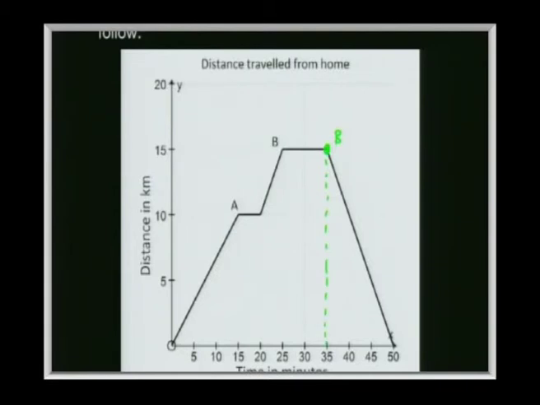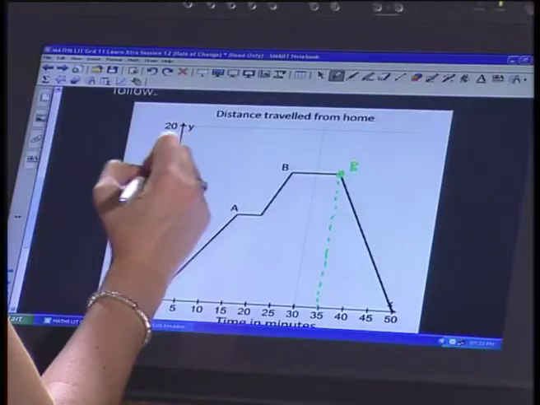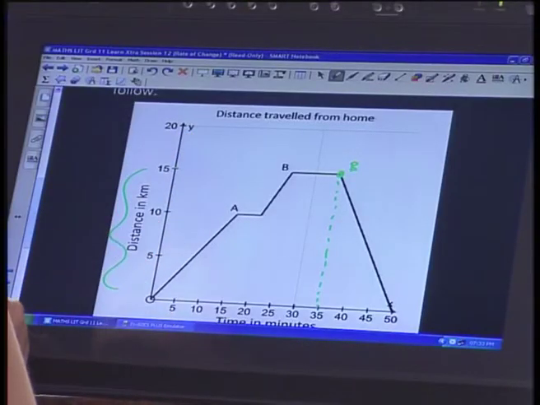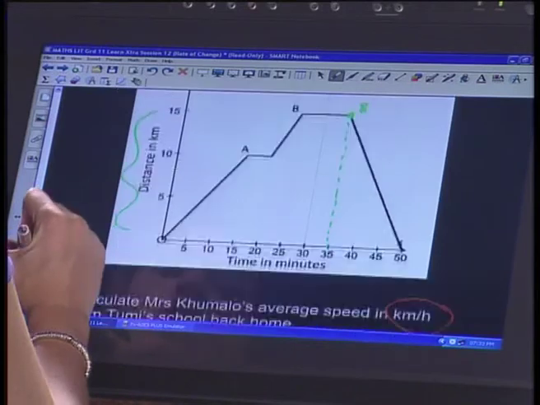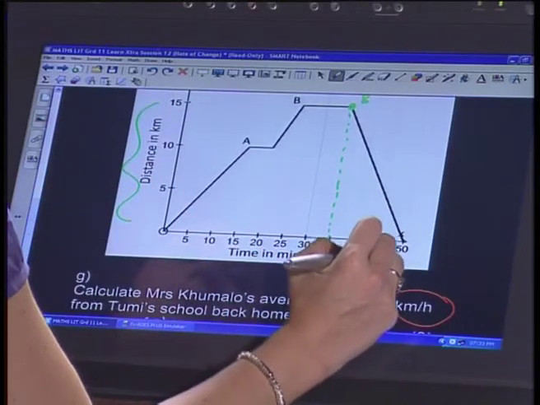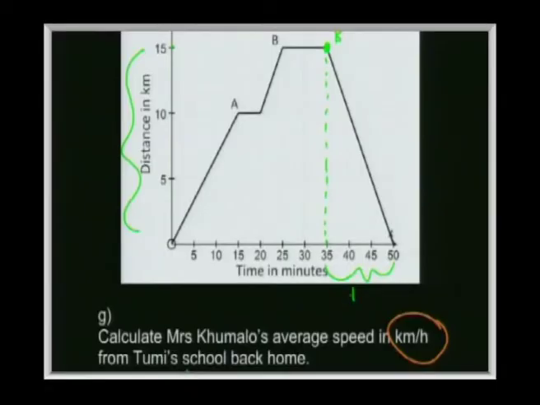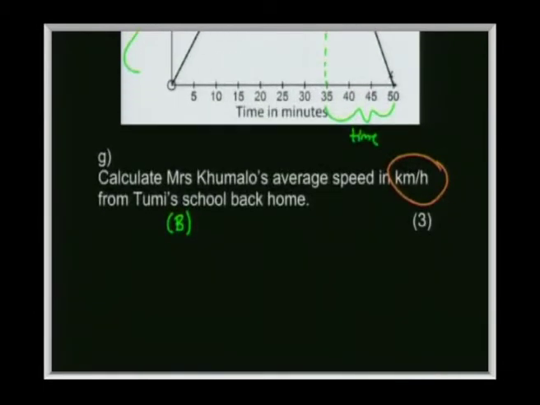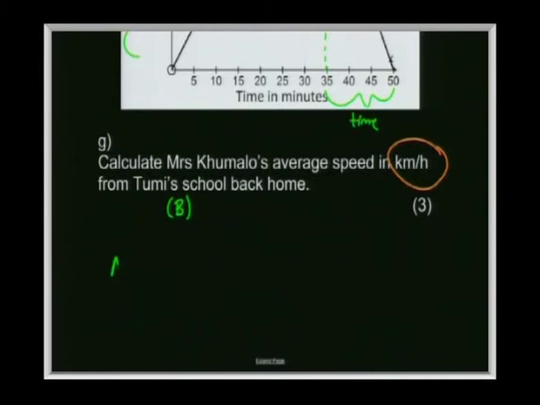So you will first of all need to work out the distance that she travels back home by using the distance axis. You will then need to work out how much time she takes to drive back home. And then we're going to put everything into our formula.